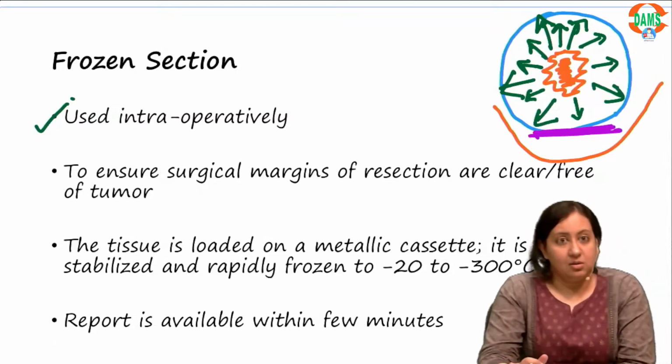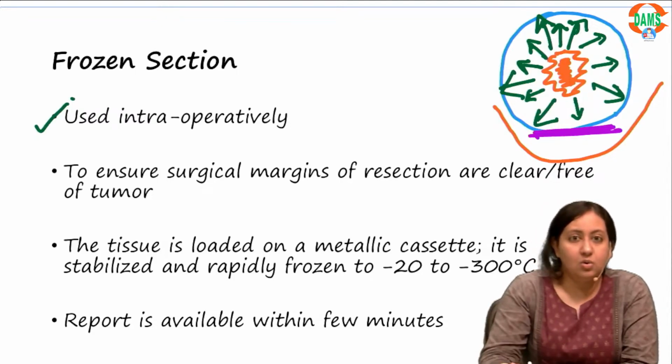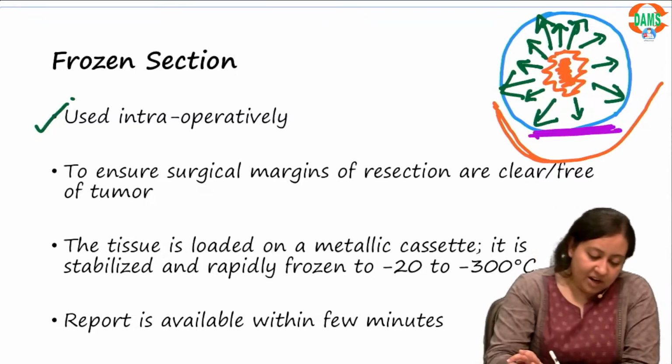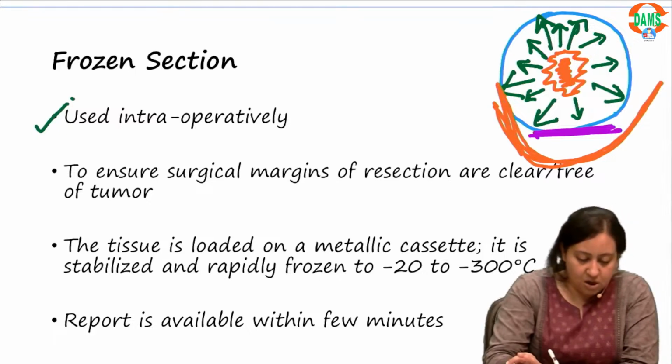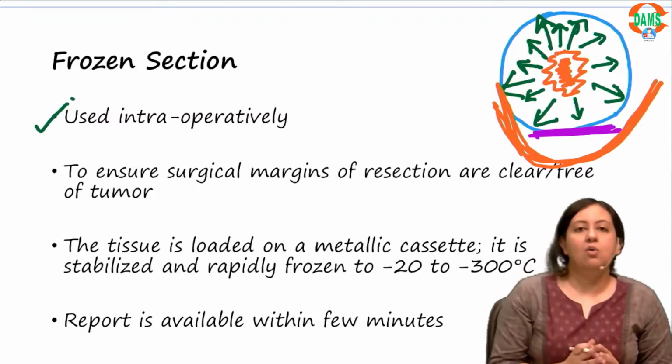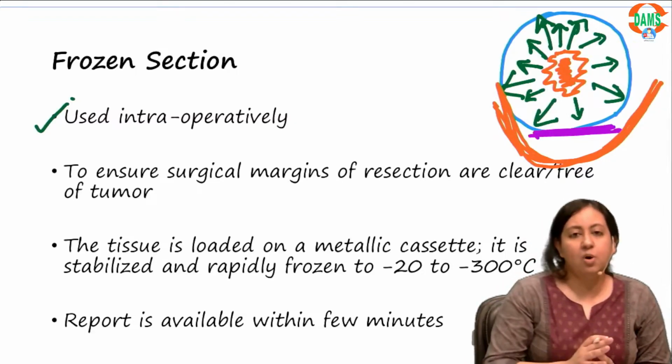Once the pathologist tells you the inferior margin seems a little close or tumor cells seem to be infiltrating the inferior margin, you will go and revise your margin. You will remove extra tissue from the inferior margin so that you get a good clearance. This is how a frozen section helps you intraoperatively.